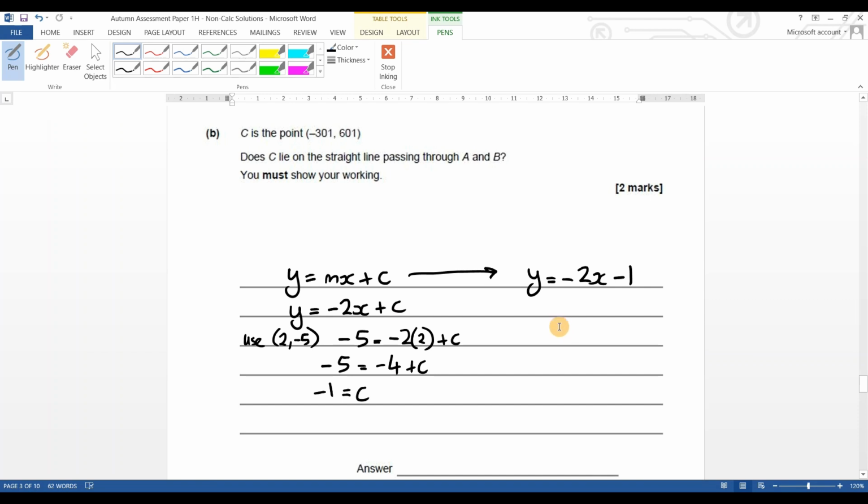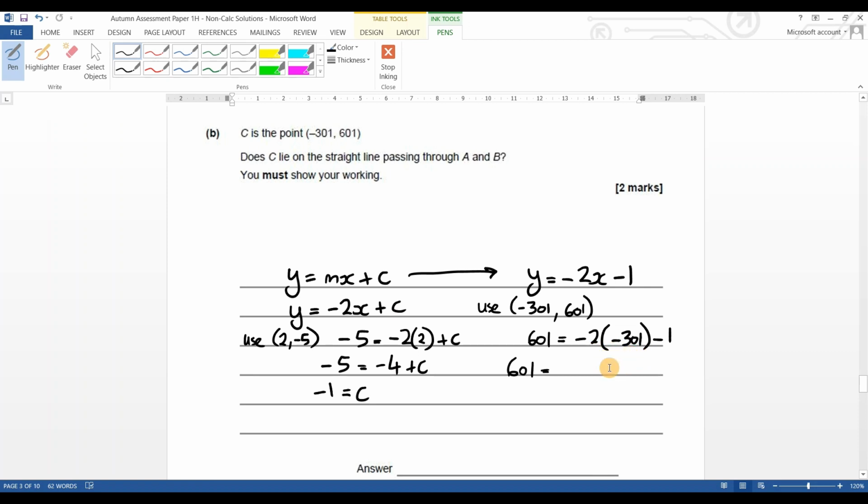So if we put, let's use minus 301, 601. So that's my x, that's my y. Let's substitute in these values. So I've got 601 equals minus 2 times minus 301 minus 1. That's obviously still the same.